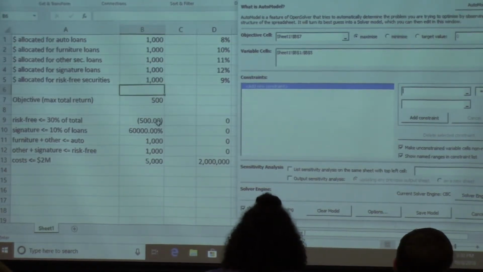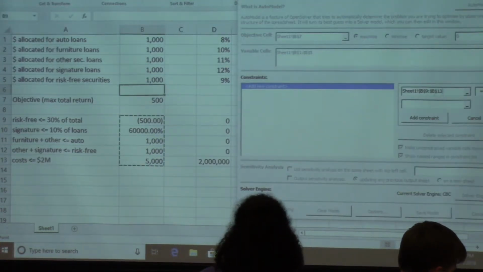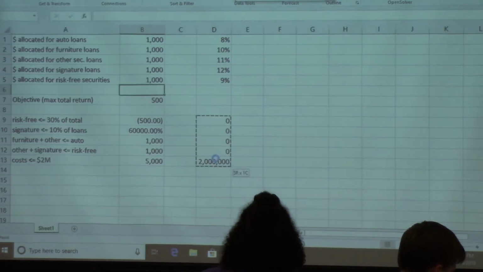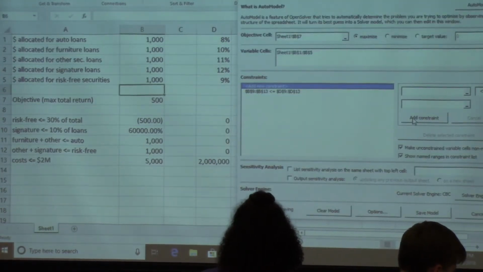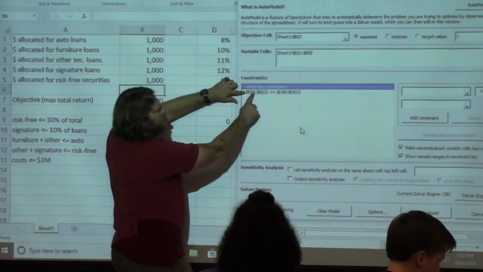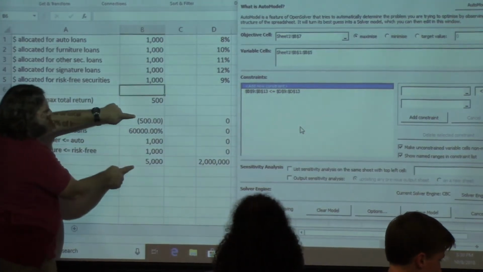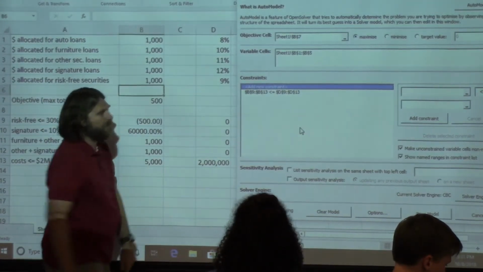I am going to do the add one constraint since these are all less than or equal. I'm going to highlight the left-hand side of our equations here, change it to a less than or equal constraint, and highlight these values here, and add that constraint. Right, so now what I have is B9 through B13 are going to be less than D9 through D13.